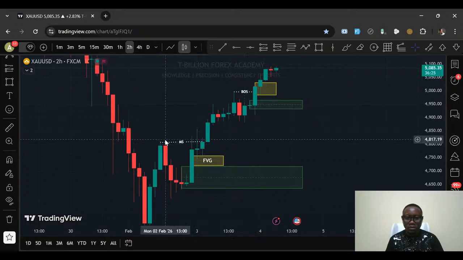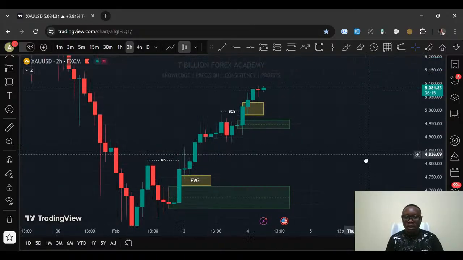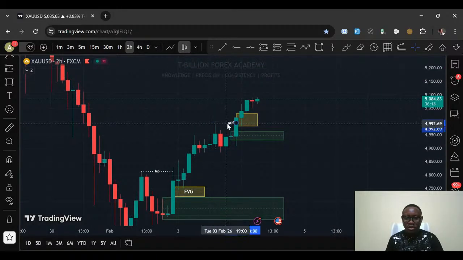Now let's refine this. And of course, our internal break of structure, which is this.